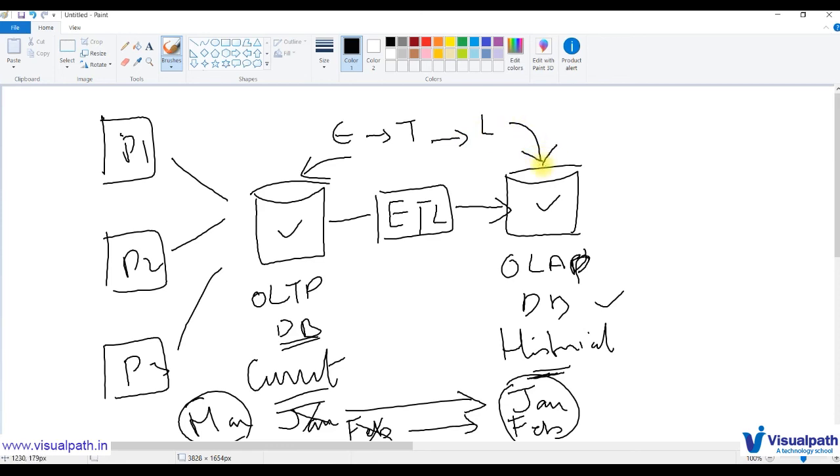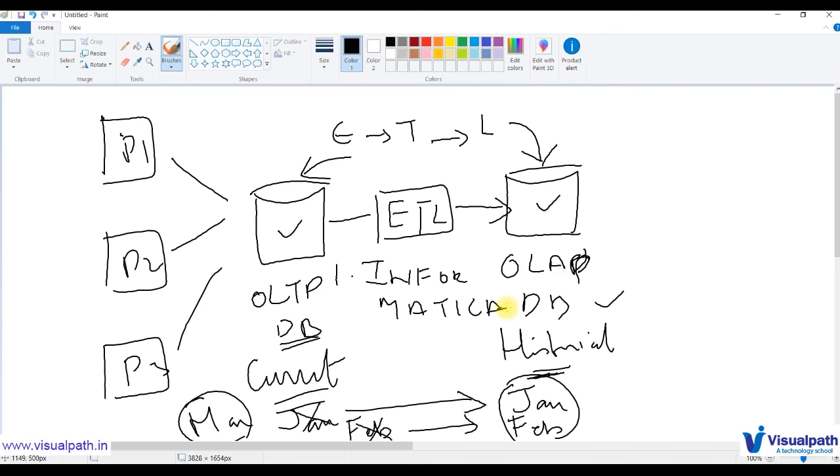Okay. So now this process of extracting the data, transforming the data, and loading the data, who does this? That process will be done by Informatica. So extracting, transforming, and loading, this is the process done by your tool Informatica.